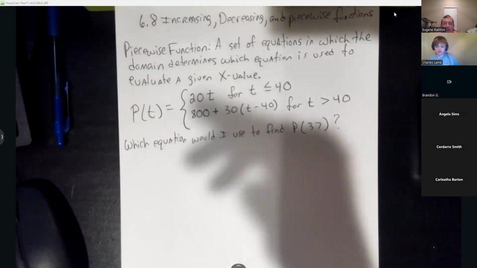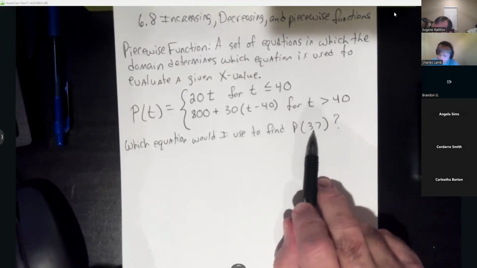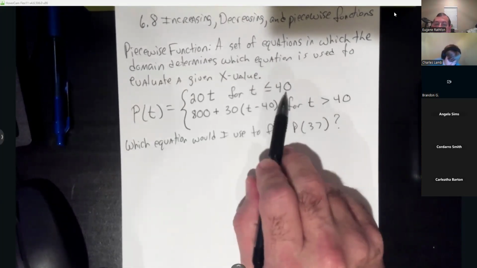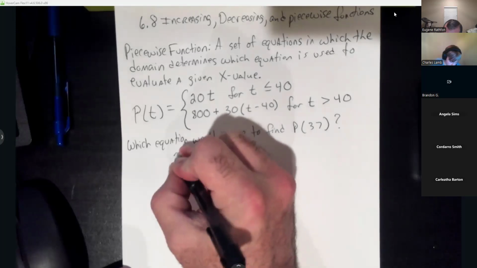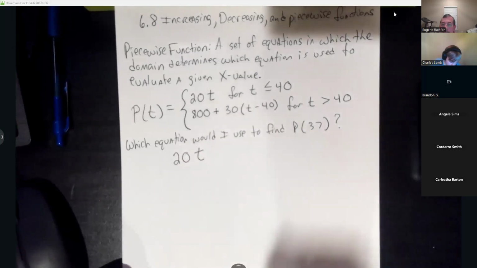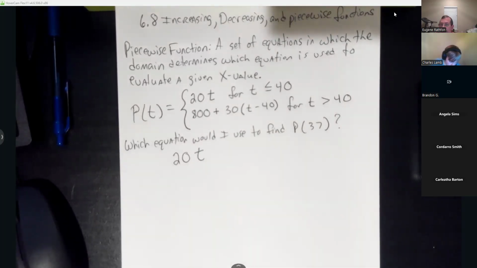Would I use my first equation or my second equation? Yeah, y'all would be the first one. Good job. Because remember, 37 is less than 40, so I got to use the first equation, and that would be the 20t. So if I wanted to know actually how much I would make, I'd put the 37 in for the t, multiply that out, and be done, okay?